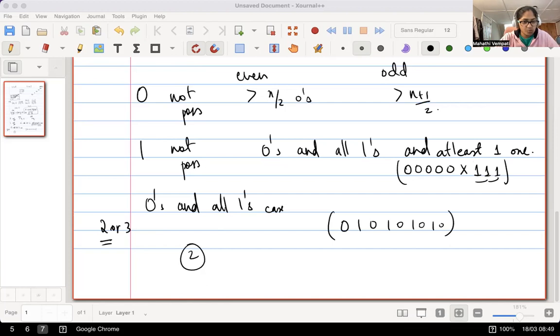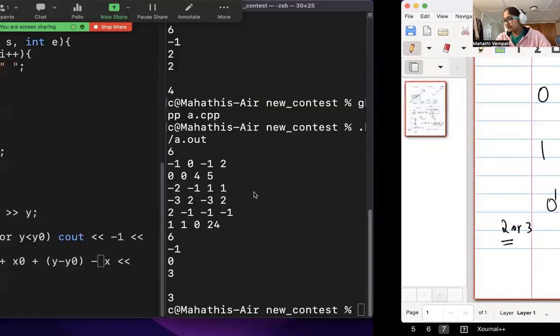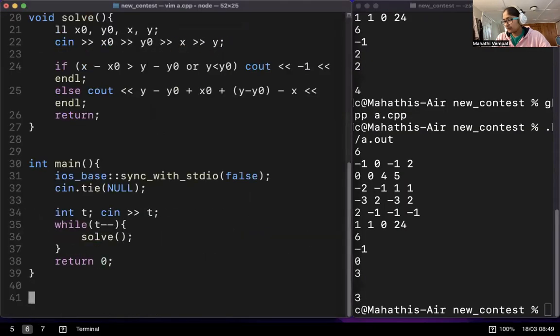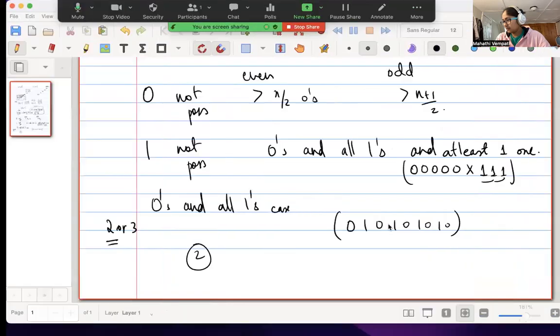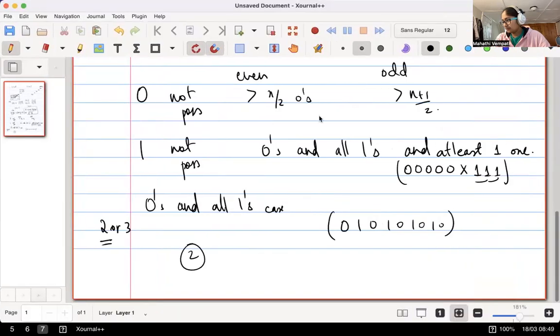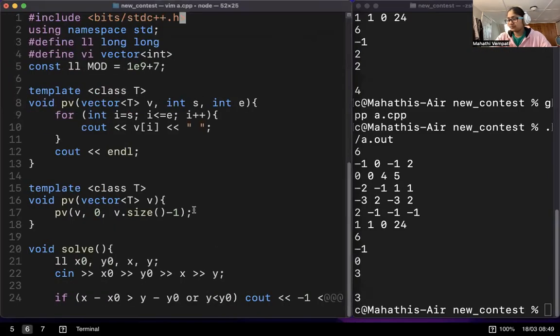No, it's not. Then 1 is possible. Okay, that looks good to me. I feel like this is convoluted to think about. I'll be writing a note for this, but that's okay.